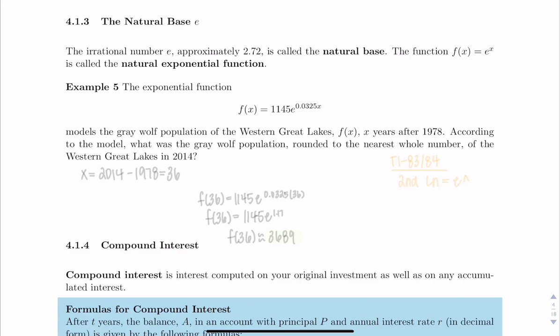So because x is the number of years after 1978, we're going to be looking for 2014 minus 1978, or x is equal to 36.